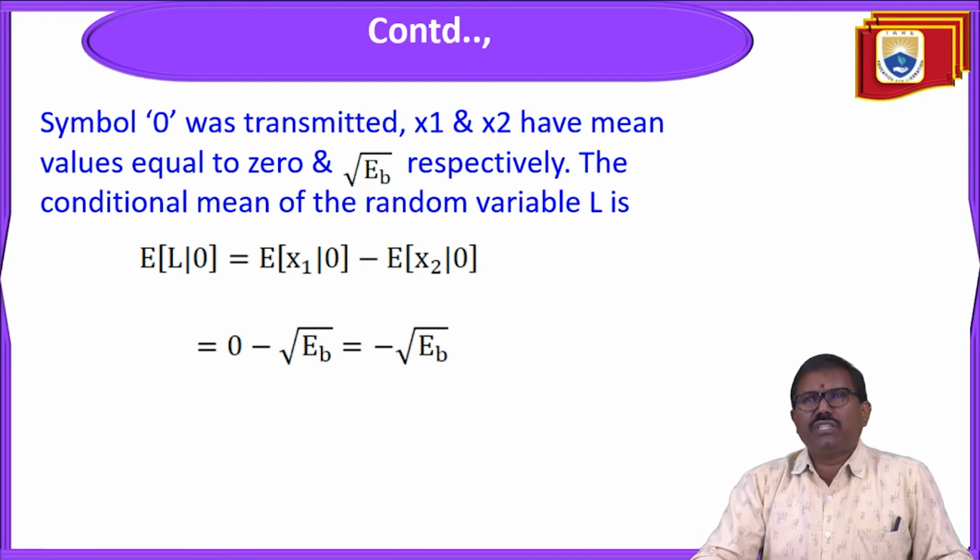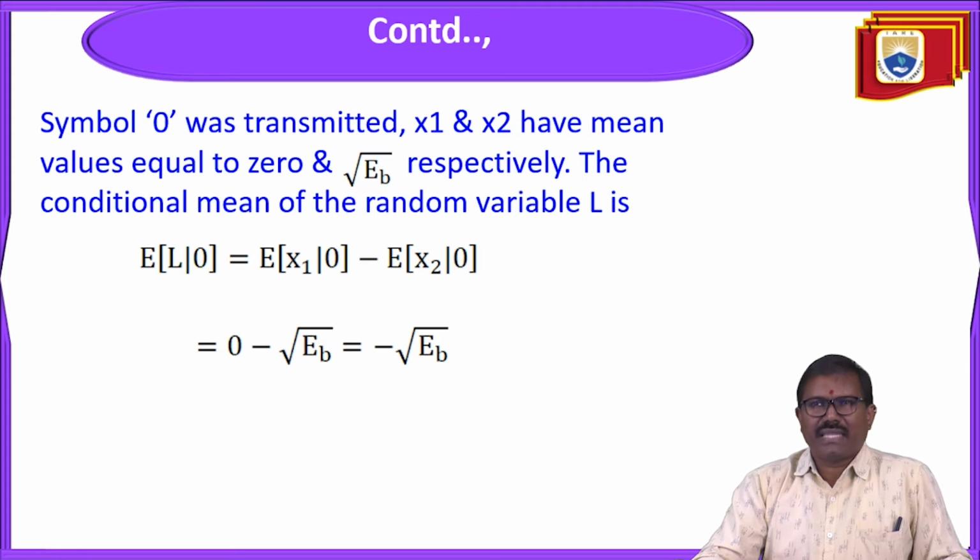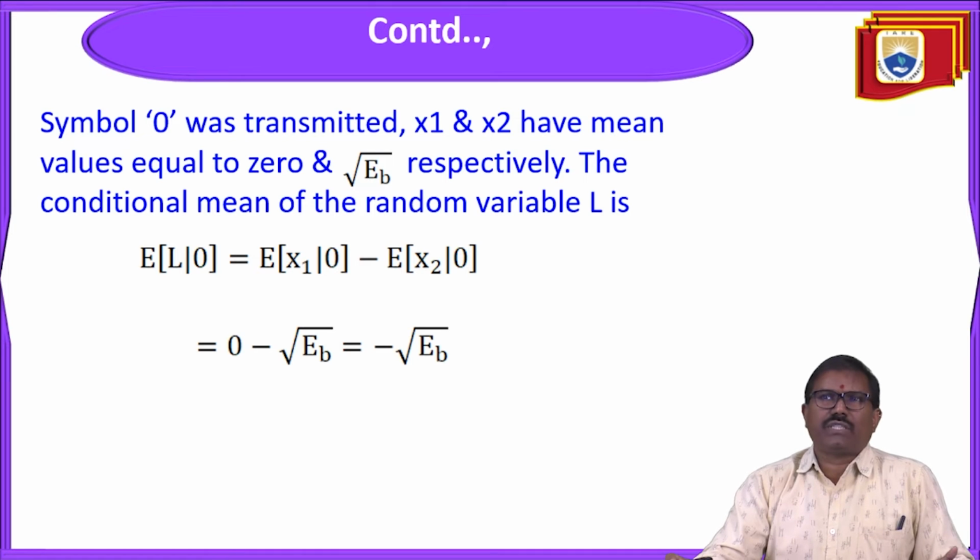And when symbol 0 is transmitted, x1 and x2 have mean values equal to 0 and root Eb respectively.